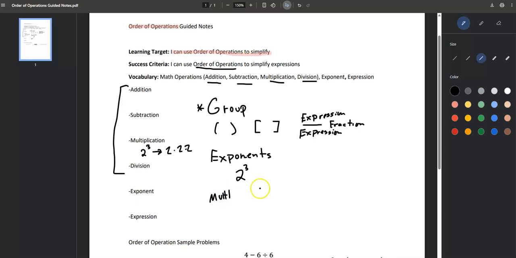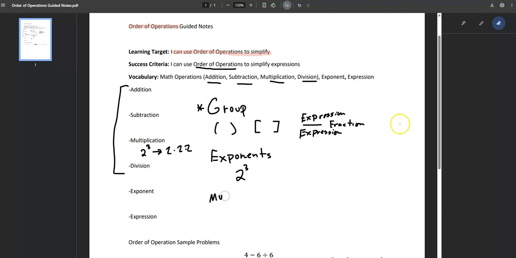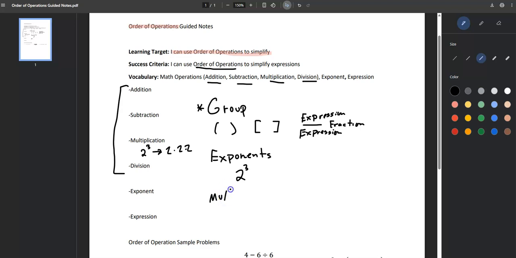Sorry, I'm struggling with my pen here, guys. Hold up just a second. So I'm going to do any multiplying and division, working left to right within that expression.